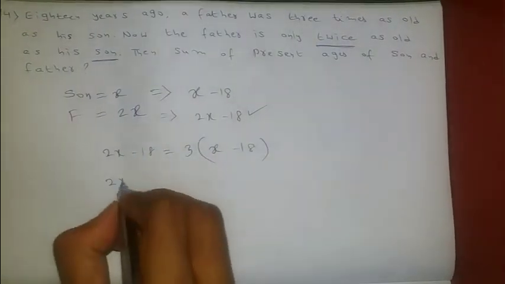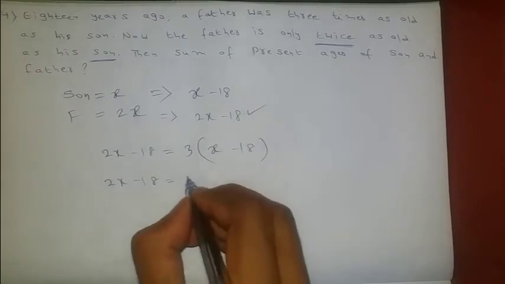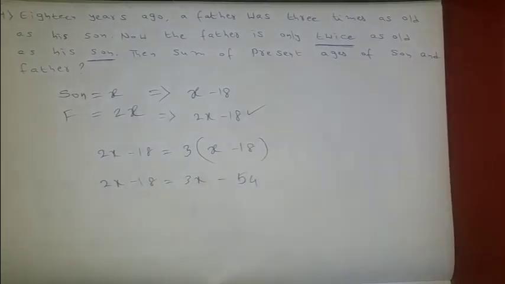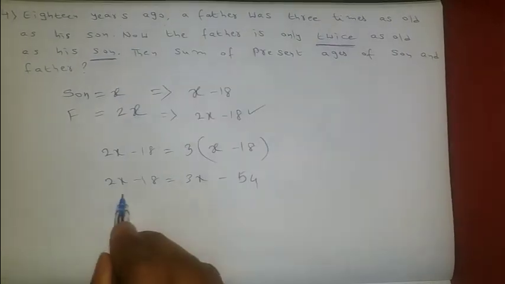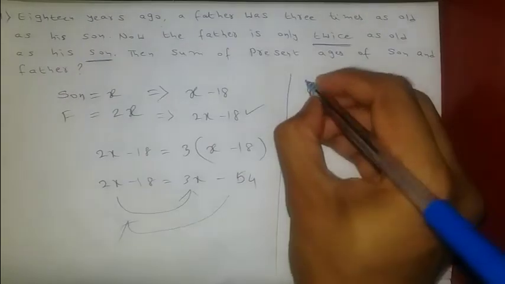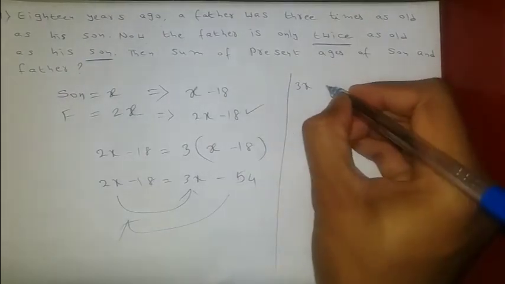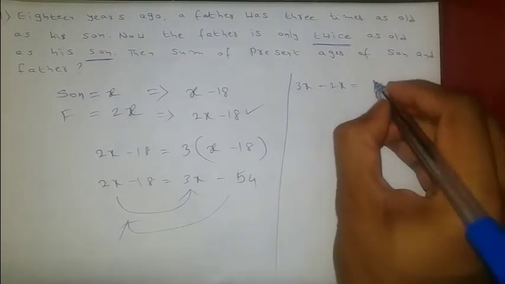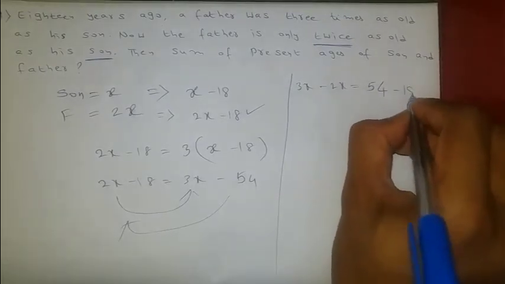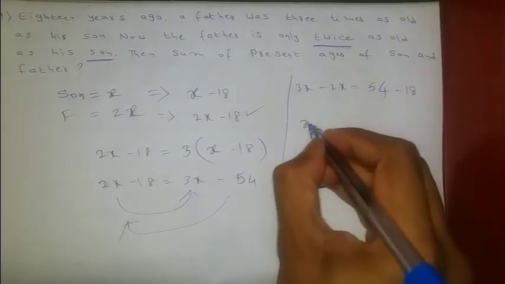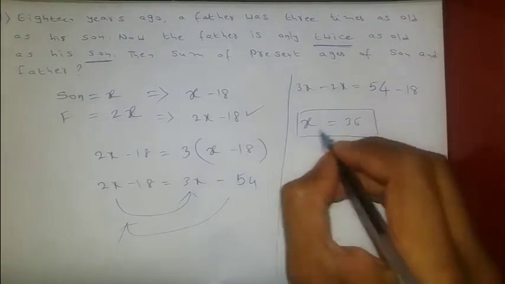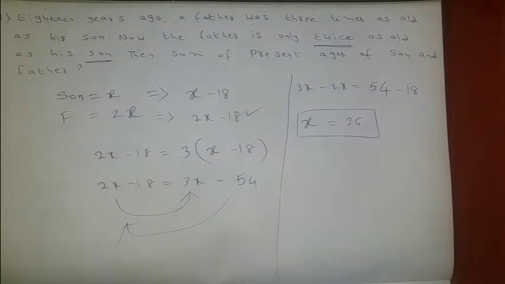So we will get 2x minus 18 equals 3 into x, 3x minus 3 into 18, 54. I will take minus 2x this side and bring minus 54 this side. So we get 3x minus 2x equals 54 minus 18, so x is equal to 36. So the x value is 36.